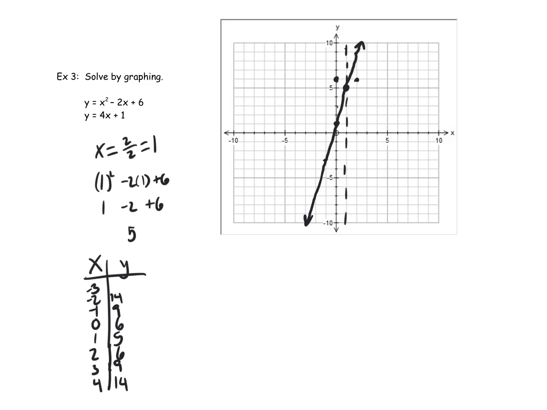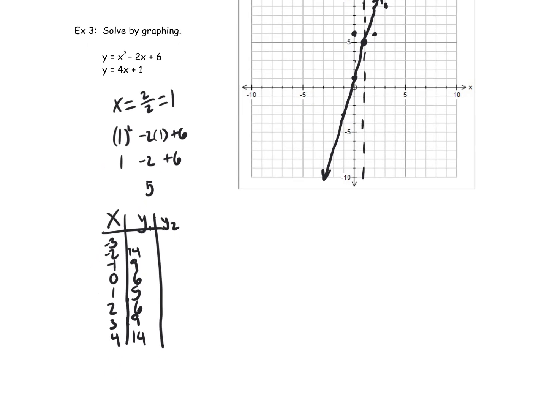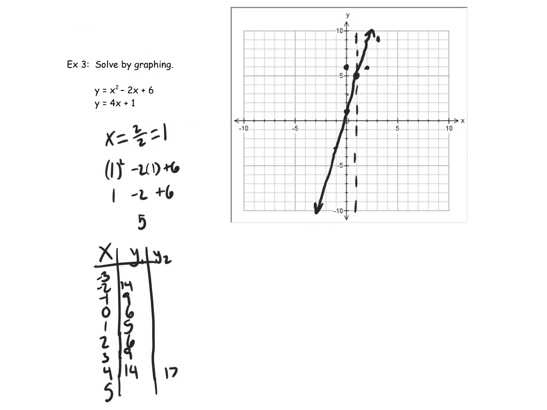And that is going to be off our graph. So 3, 9, and 4, 14. Let's see. If I run 4 through the second function, 4 times 4 is 16 plus 1 is 17. So that's not going to work. All right, 5, if I run 5 through the function, sorry, these are off the graph, but let's see if it ever is going to catch up and intersect again.